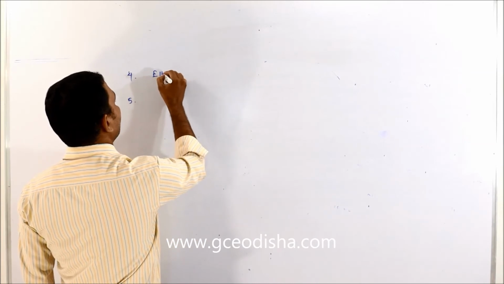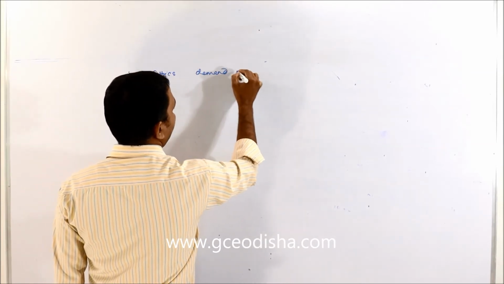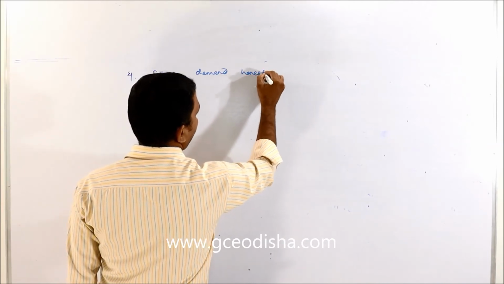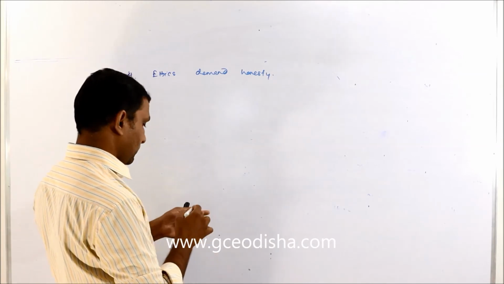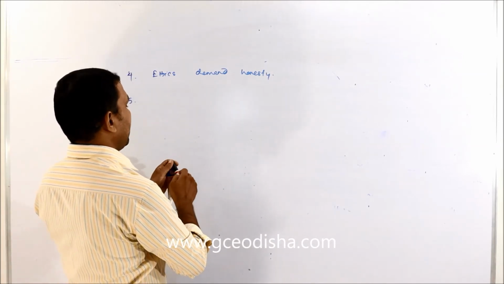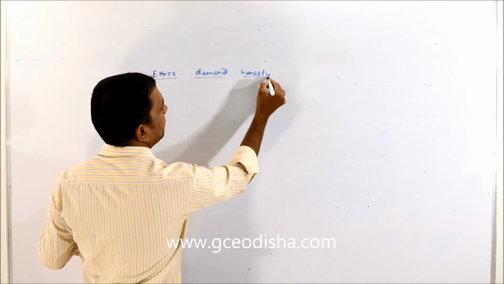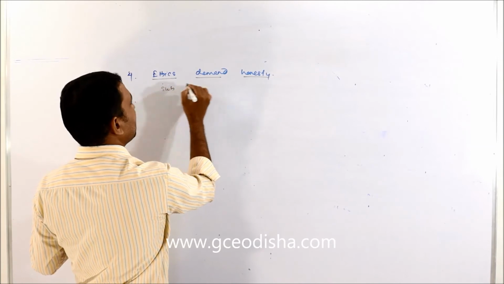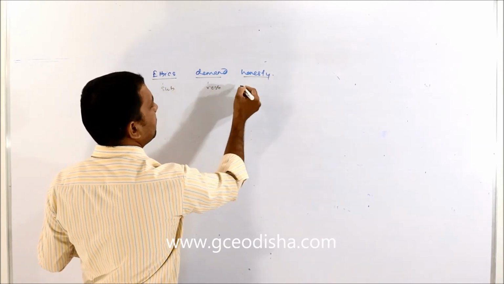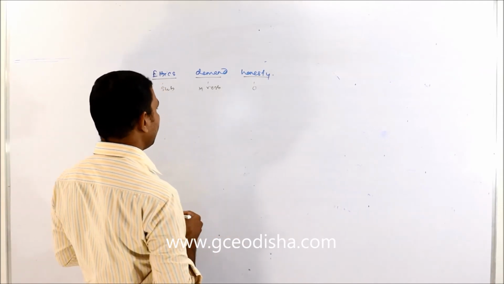Question number 4. Ethics demand honesty. So when we write that ethics demand honesty, again break the sentence. Here it is ethics demand what? That means ethics becomes your subject, demand becomes the main verb, and honesty is the object.